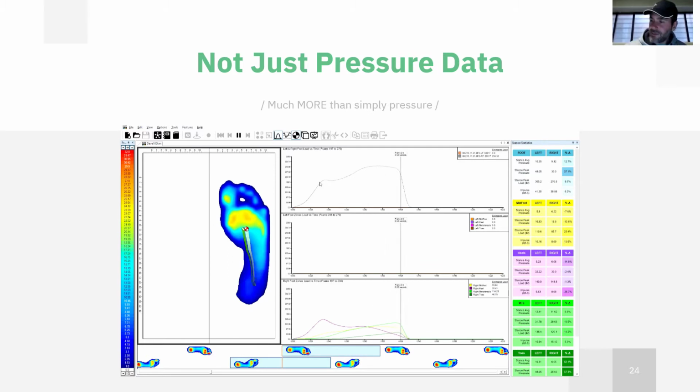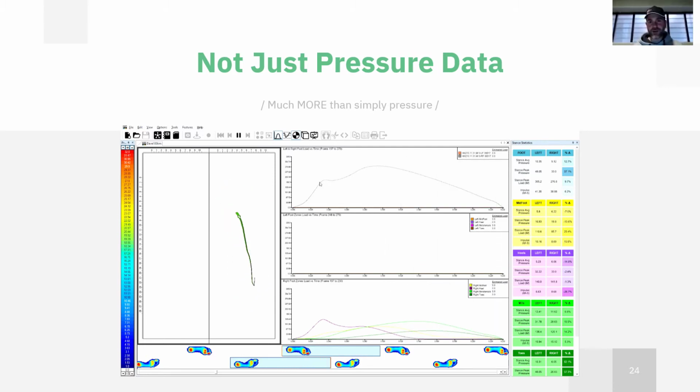But the pressure measurement technology is not just pressure data.